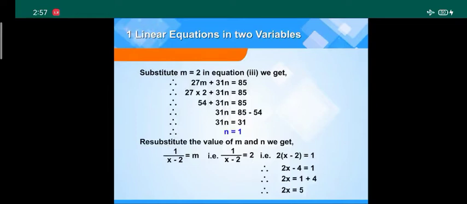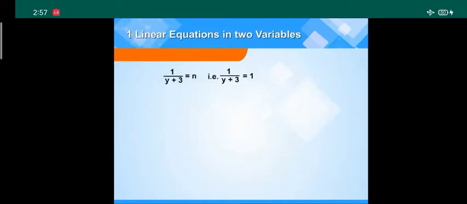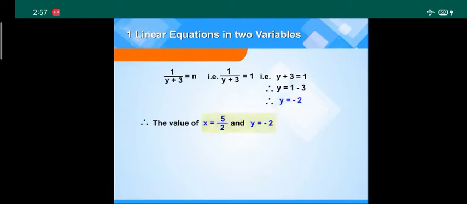Therefore, 2x is equal to 5, which gives x is equal to 5 divided by 2. Also, 1 divided by y plus 3 is equal to n. That is, 1 divided by y plus 3 is equal to 1. It gives y plus 3 is equal to 1. Therefore, y is equal to 1 minus 3, which is y is equal to minus 2. Therefore, the values of x and y are 5 by 2 and minus 2.